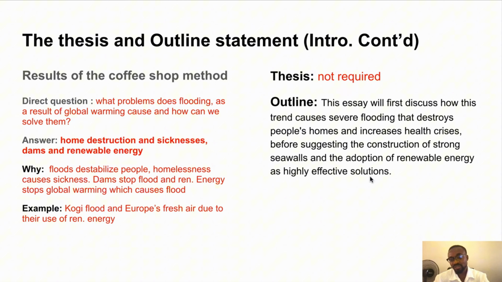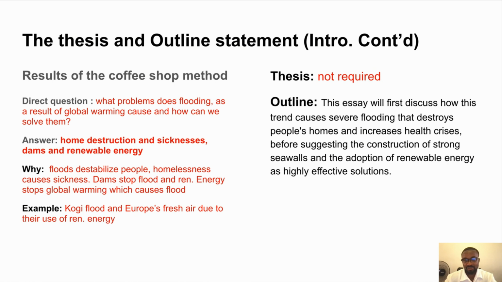Are you going to start discussing the problems first in main body paragraph one, or are you going to start discussing the solutions in main body paragraph one? But in this type of essay, I think the logical thing to do is to discuss the problems before you discuss the solutions. That is what I like to do. But you might decide to do otherwise. It doesn't matter.